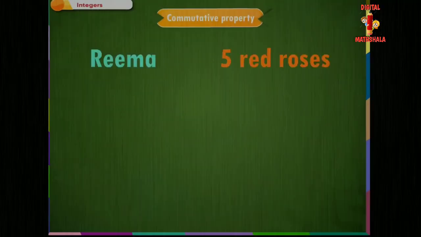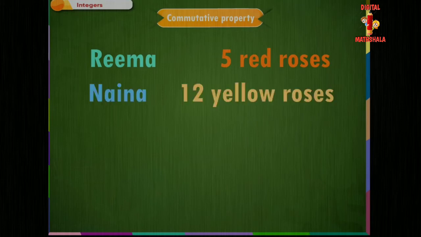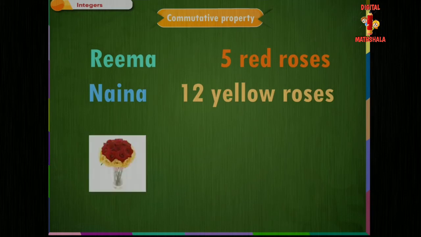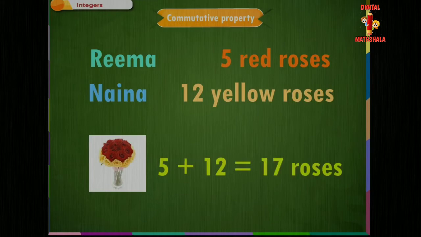Commutative property. Rima has 5 red roses and her friend Naina has 12 yellow roses. They decided to put these roses in a flower vase. Rima put her flowers first and then Naina put her flowers. So there are in total 5 plus 12 equal to 17 roses in the flower vase.